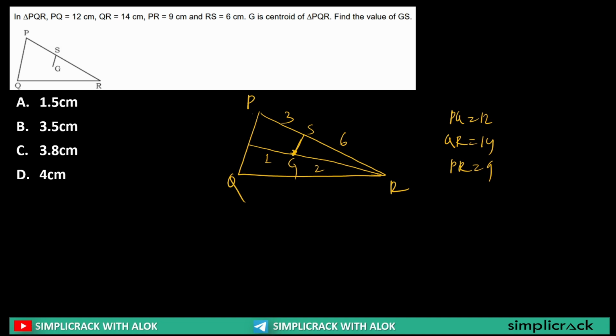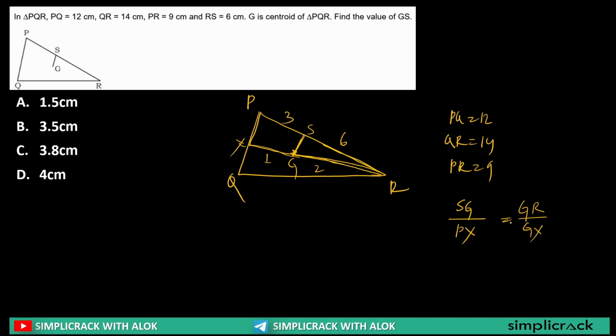Here we are seeing that triangle RSG and triangle RPX, let's say it is X, are similar. So RSG and RPX are similar. That means GS by PX is equal to GR by GX.